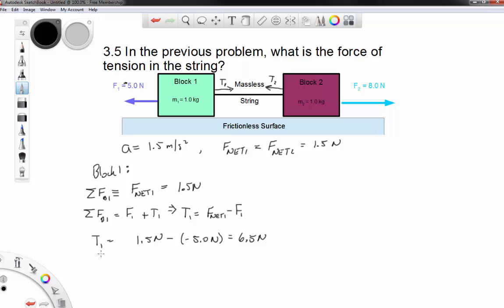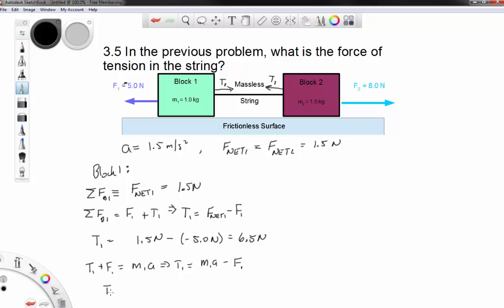All right. We can double check that, by the way, by noting that the net force should be the mass times the acceleration. So T1 plus F1 should be mass 1 times the acceleration, and so T1 should be mass number 1 times the acceleration minus F1.